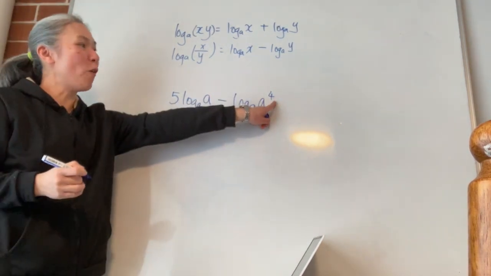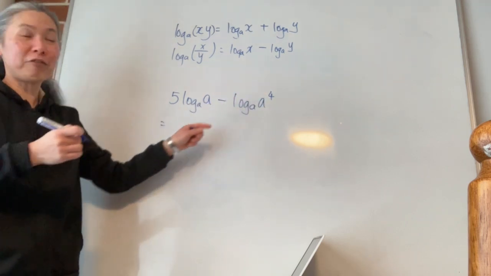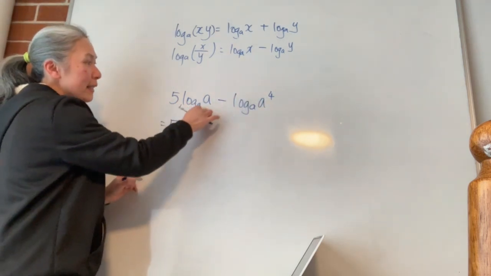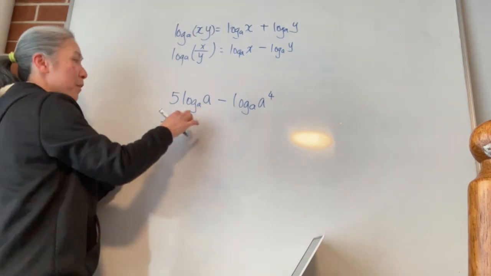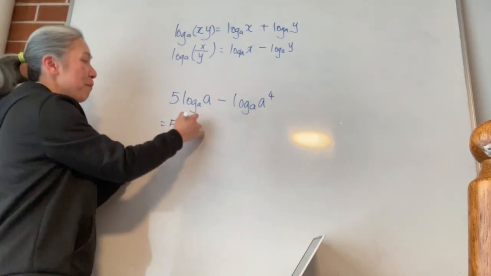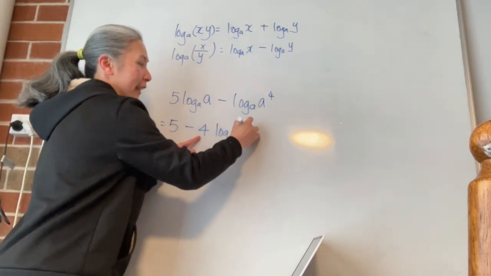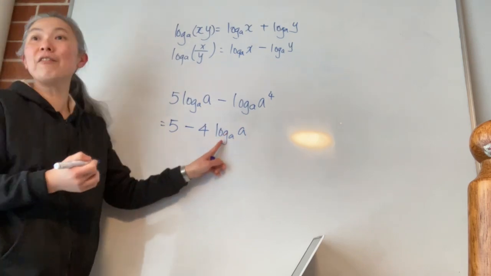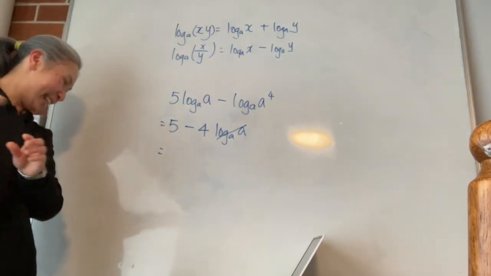Yes. And then the 4, where can the 4 go for these questions? The power to the front. Yeah, that's right. And what is this term going to give you? Log base a of a is going to give you just 1. So you're left with 5, right, of this term? And the 4 can go to the front. And then you have log base a of a. And log base a of a is going to give you 1. So then you're able to get the answer. Okay, let me continue.